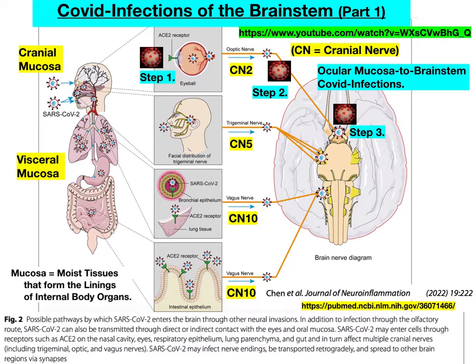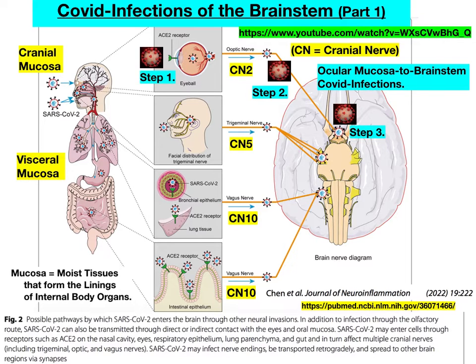So on the left portion of this slide, you see cranial mucosa and visceral mucosa. The term mucosa refers to moist tissues that form the linings of internal body organs. Mucosal is the adjective, so it's often stated a mucosal tissue. The noun mucosa refers to the tissue and its type.